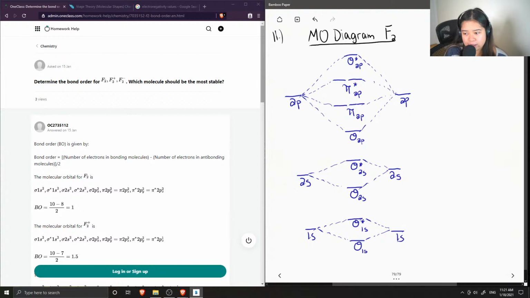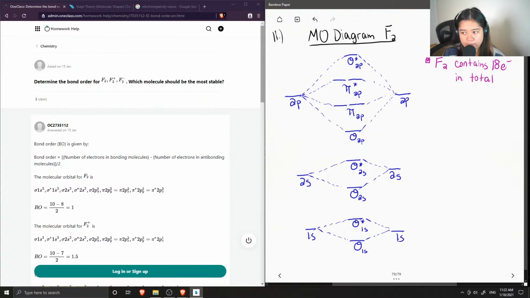So all we need to do is fill in the electrons. So if we think about F2, so I'll write it here. F2 contains 18 electrons in total.